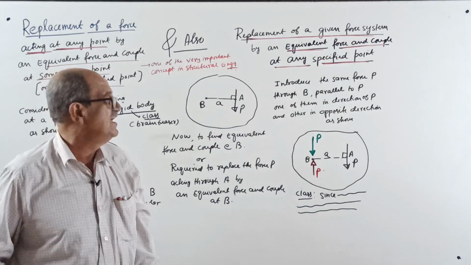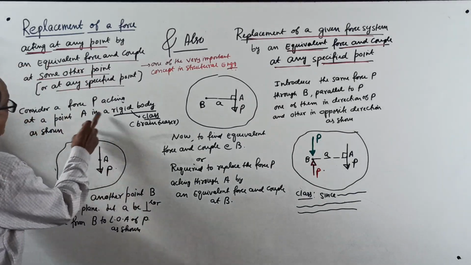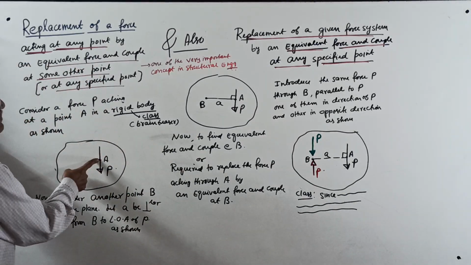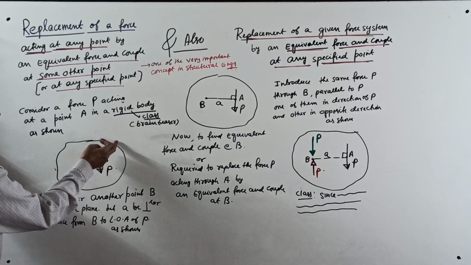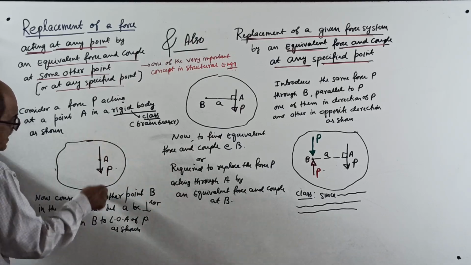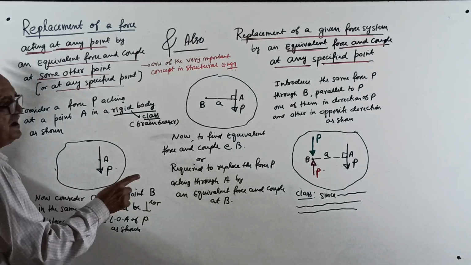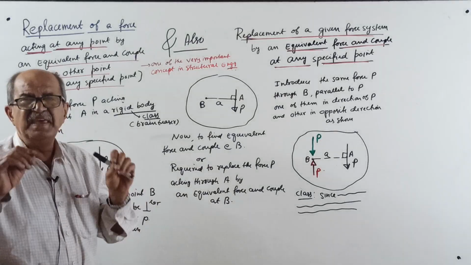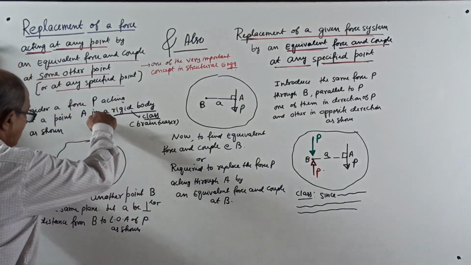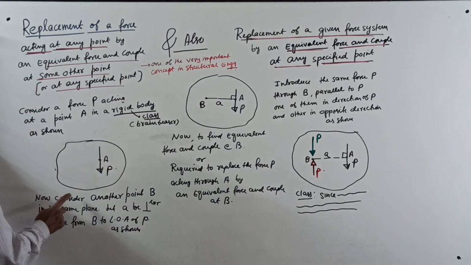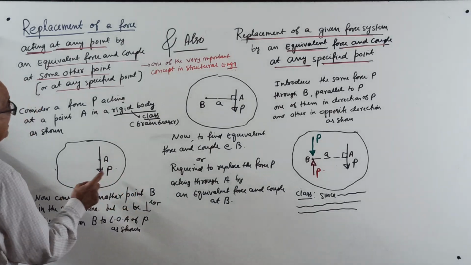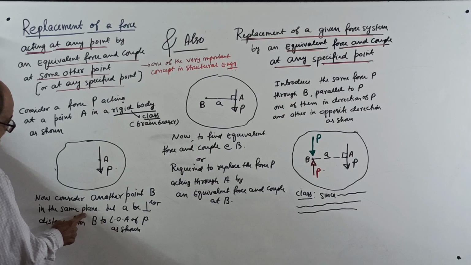Now think. Okay, start. Consider any point A. See, A, B are random points here. Some point A is on a rigid body. A force P is acting down, up, right, left, inclined, anything you can take. Understanding purpose, apply a force P. Now, consider another point B in the same plane.